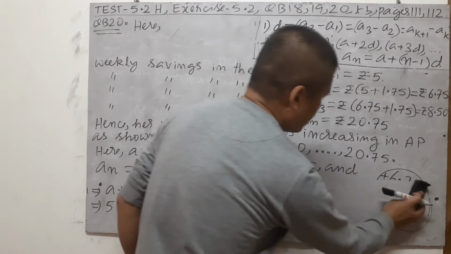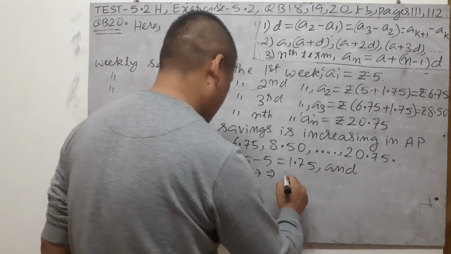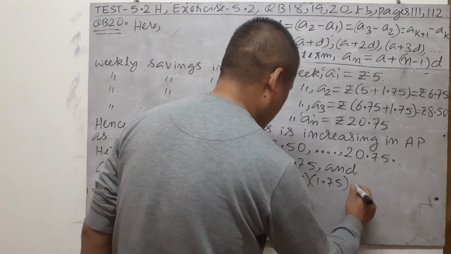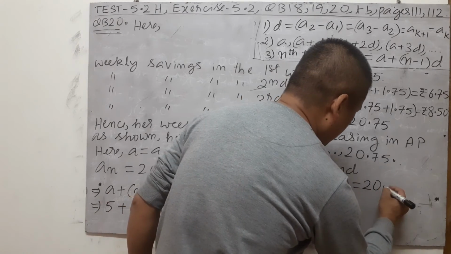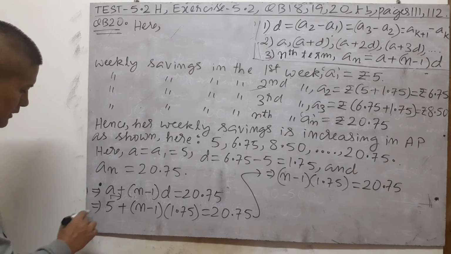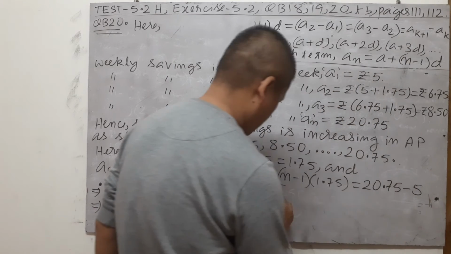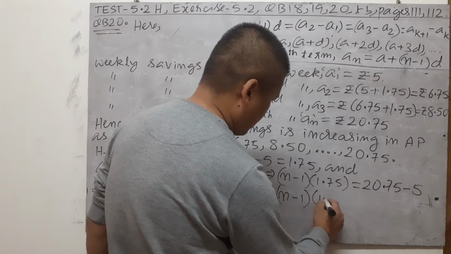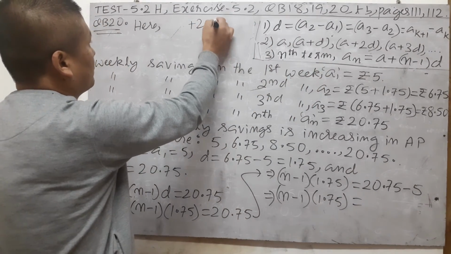As we keep on solving, we're going to get that implies n minus 1 into 1.75, and this one the same, equal to 20.75. Let us shift this plus 5, no sign in front, to the right side, and it becomes minus 5. So n minus 1 into 1.75 will become 20.75 minus 5.